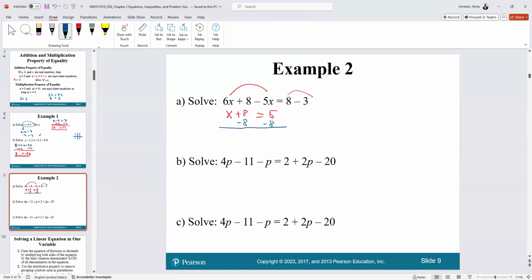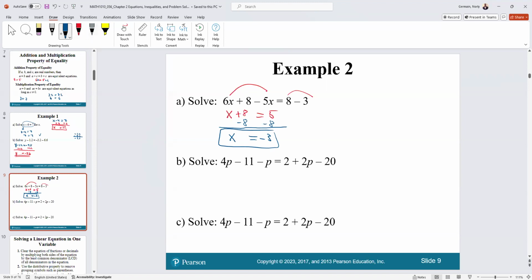So in this case, we have x left, and 5 minus 8 is what? Negative 3. I hope you remember that. That's negative 3 on this one.